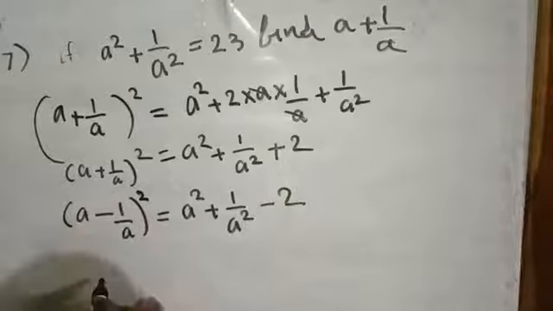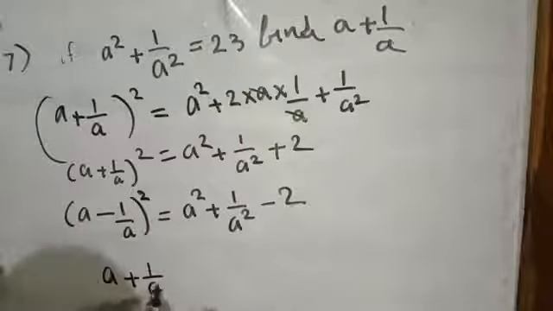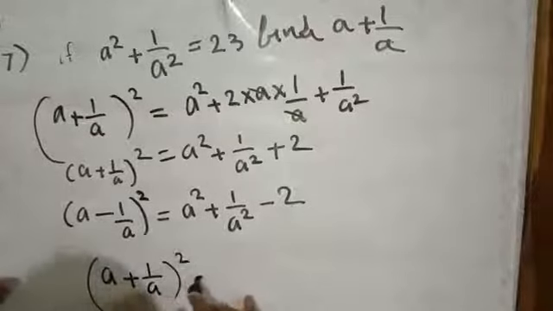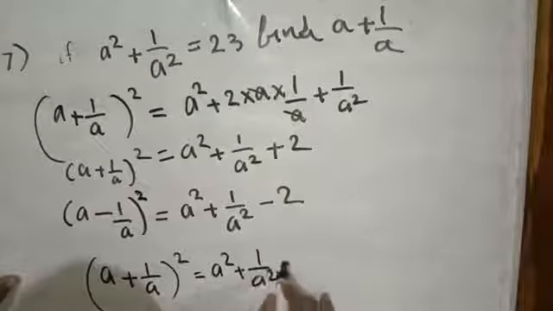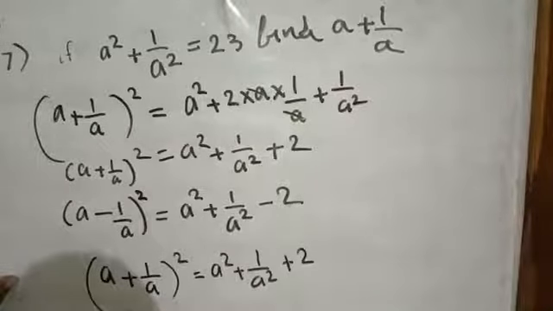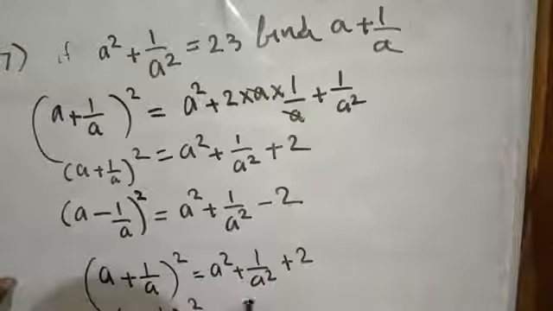To find this, a plus 1 by a the whole square is equal to a square plus 1 by a square plus 2. That is, a plus 1 by a the whole square is equal to a square plus 1 by a square, 23, plus 2.